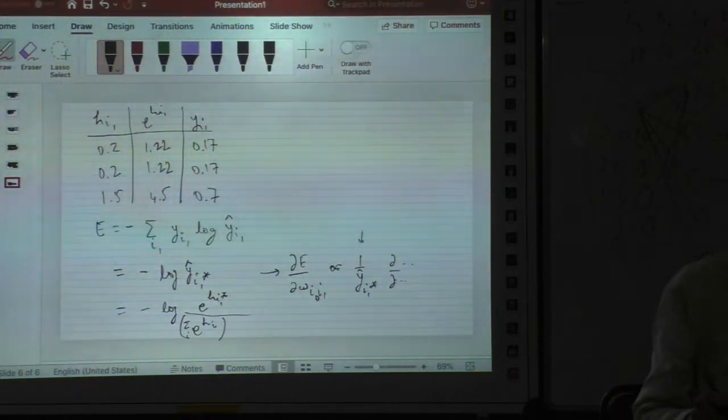So I will just point out it is faster to converge.